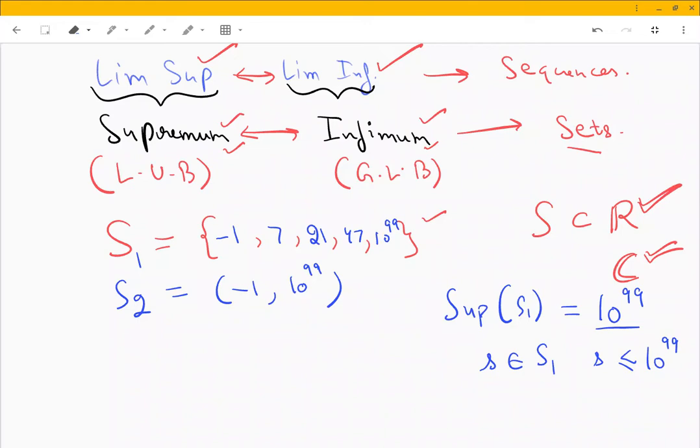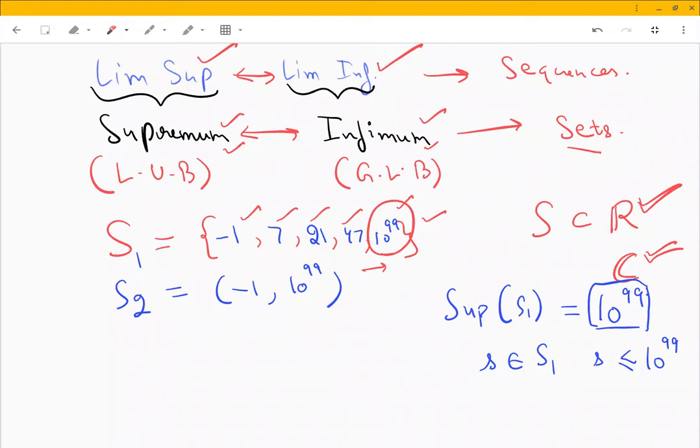Apologies. All elements of the set are either less than or equal to this quantity we are taking, 10 to the power 99. Nothing is greater than this. So this is a bound on the set and a bound from the upper side.